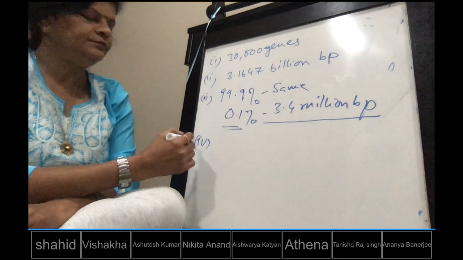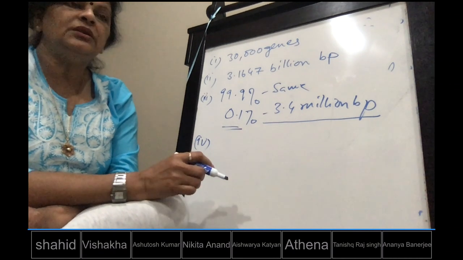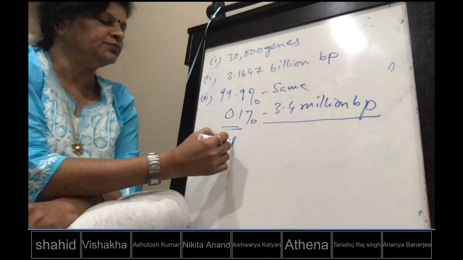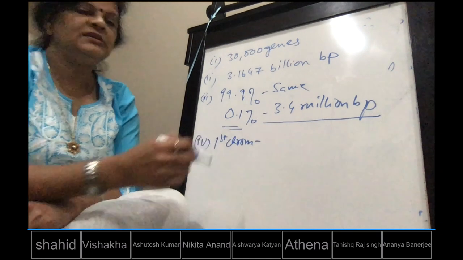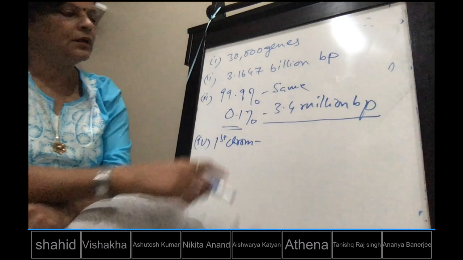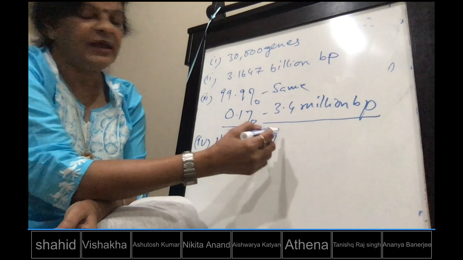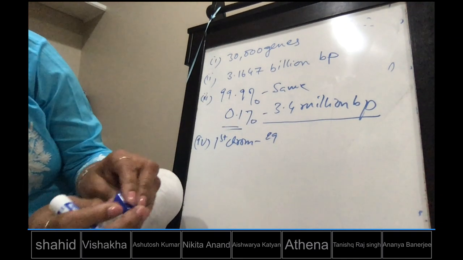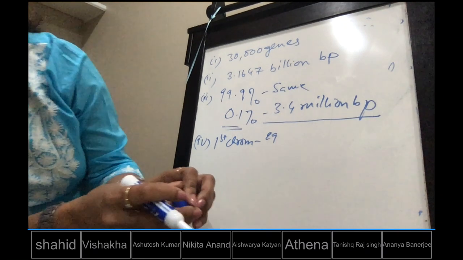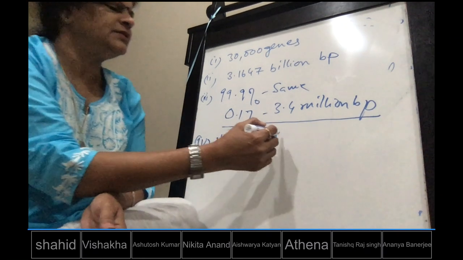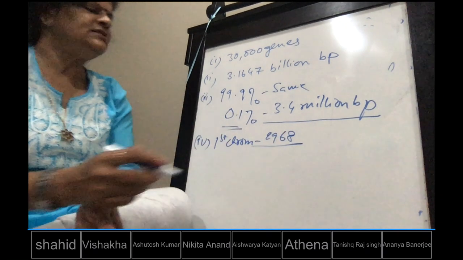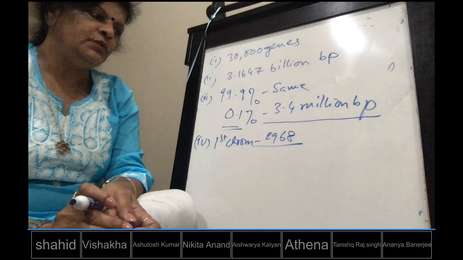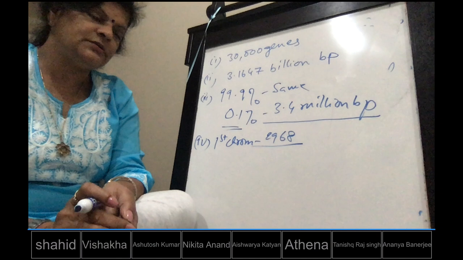Fourth point, if you're asked which chromosome has the highest number of genes, the first chromosome has the highest number of genes, which is 2968. First chromosome, highest number of genes, 2968.